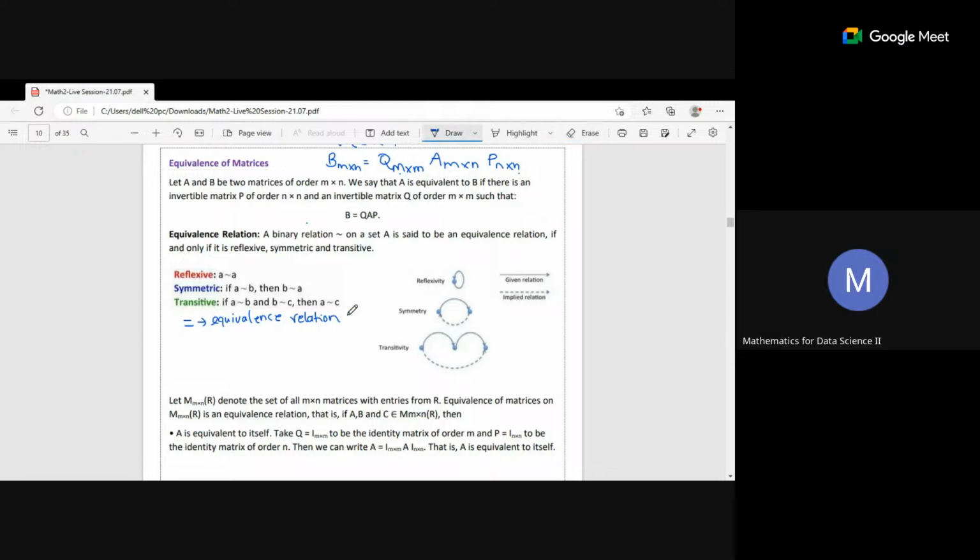Equal to is an equivalence relation in R. Take any number A; A is equal to A. The first condition it satisfies, right? I'm just giving an example for you to understand it. And what is meant by symmetric? If A is equal to B, you can also write B is equal to A, right? That is the property of symmetric. If A is related to B, then you can say B is related to A. This is called the symmetric property.